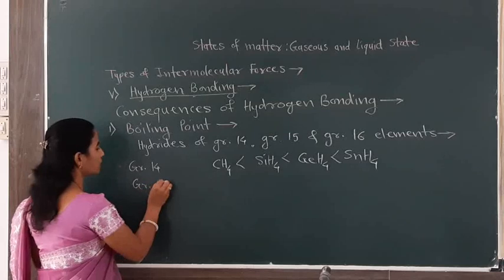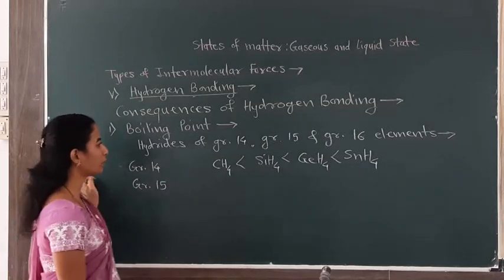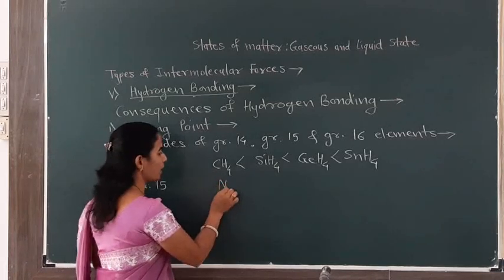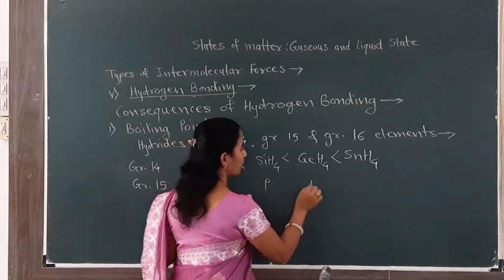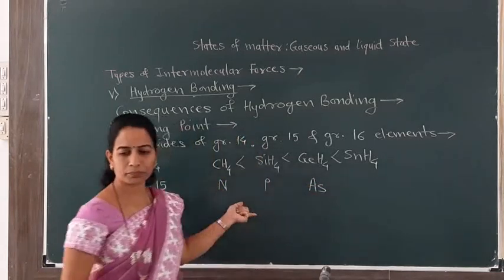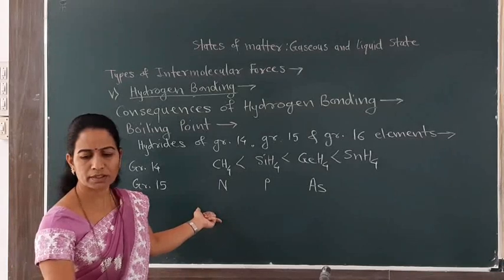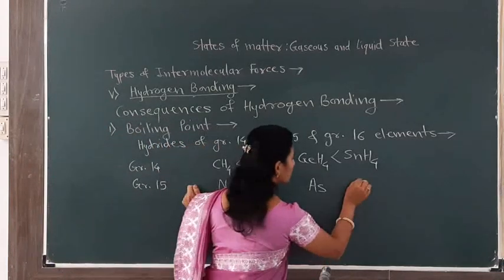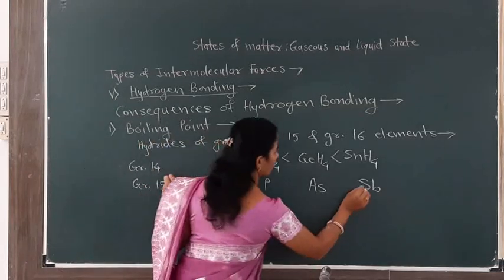Similarly, let's see the example of hydrides of group 15. Now which elements are present in group 15? That is nitrogen, phosphorus, arsenic, and one more, that is antimony.